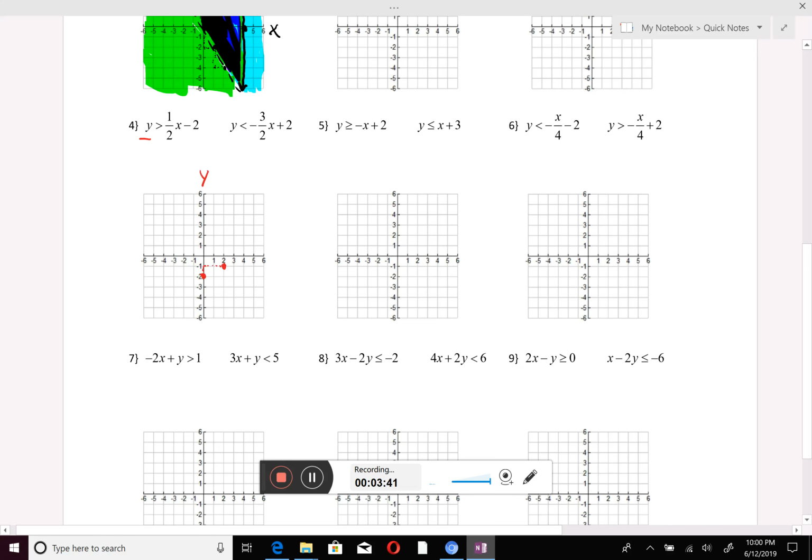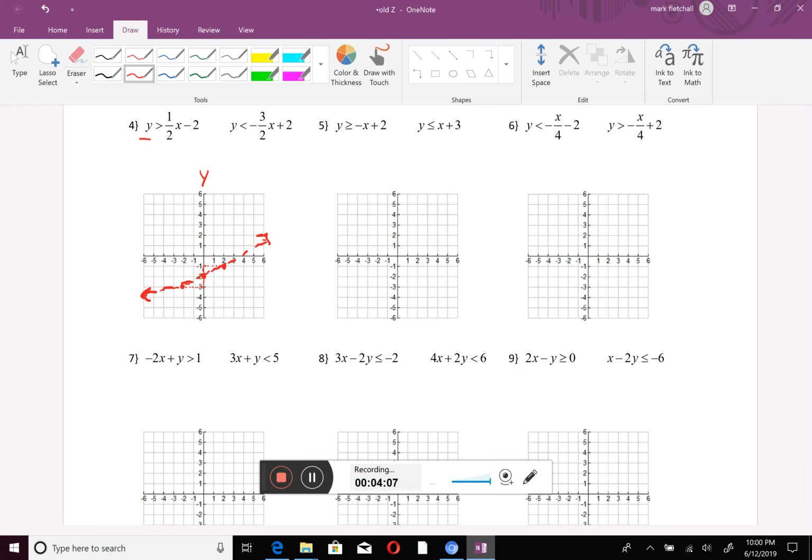And then I can go the opposite direction, so I can go down 1 to the left 2. And since this has no line right underneath it, it'll be a dotted line. I usually just do 3 points. So there's my dotted line. And then since it's greater than, I'll shade above that.